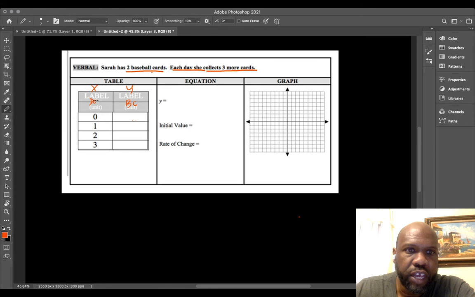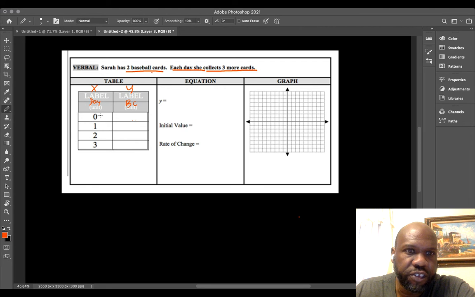If you have issues with that, just think about the independent variable as something that can change without needing some kind of input. The days can always change, even if you don't get any baseball cards. That's why it's an independent variable. And the baseball cards would be the Y.